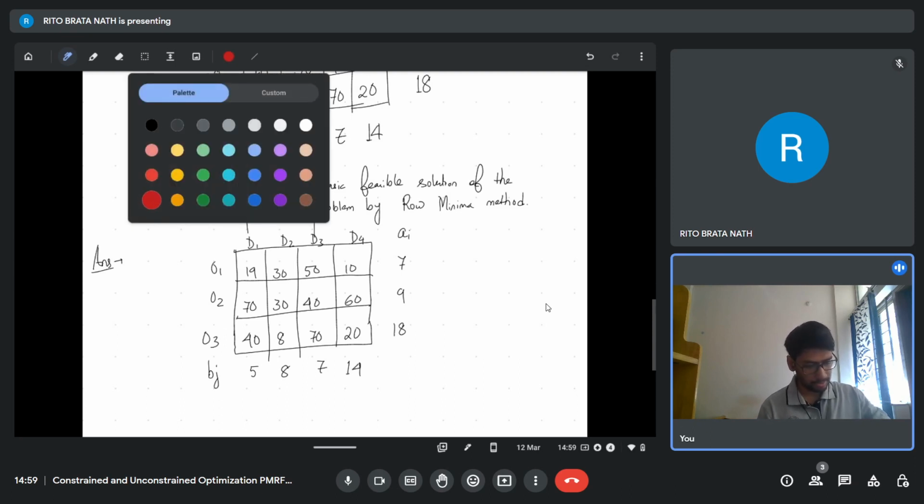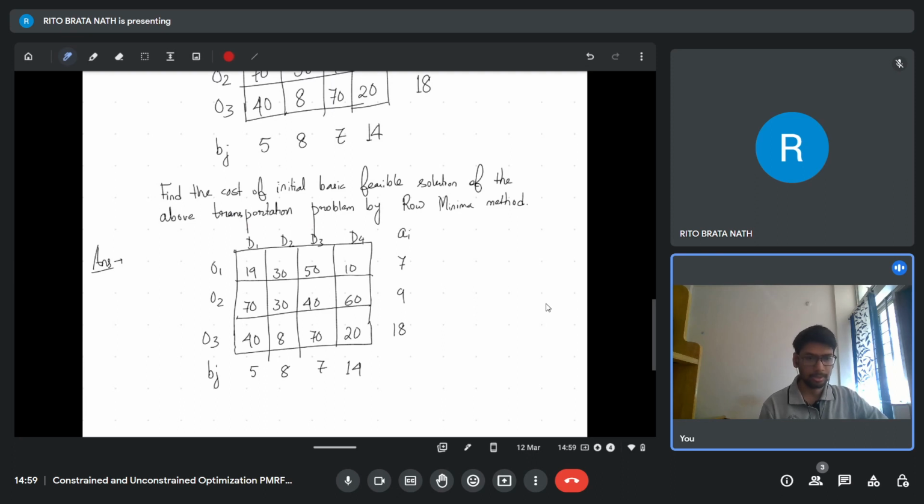Let me write down the allocations in red markers. In the row minimum method, first you pick the cost that is minimum in the first row. That's 10, right? Then you see if you can allocate the maximum.